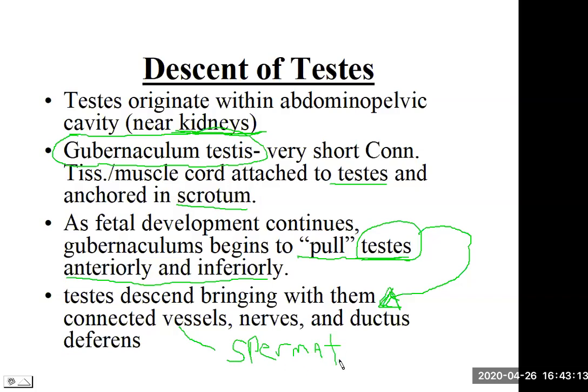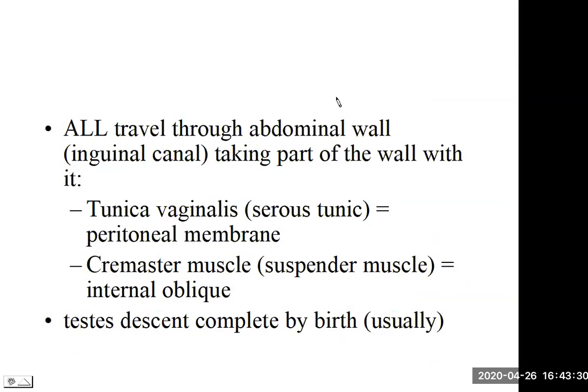So the spermatic cord, the arteries, the veins, the nerves, the ductus deferens, that's also all pulled down into the place of that developing scrotum. So as I mentioned, traveling from the abdominal cavity through the inguinal canal down into the area of the scrotal cavity.